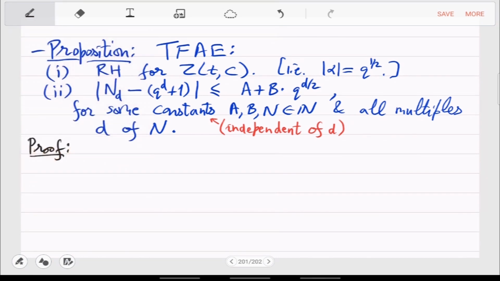So a, b, capital N, they have to be independent of d because we want to change d. That's what constant means. Right. Okay. Yeah. So let's prove this.